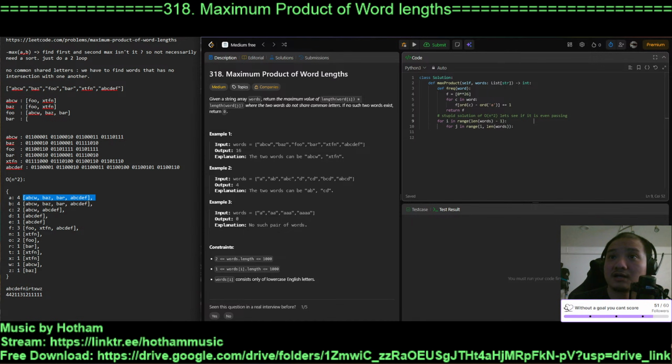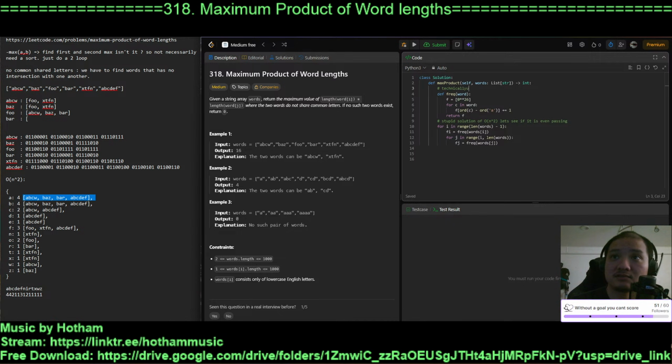So basically we have fi equal frequency of word at i, right? Fj equal frequency of word j, right? So this gives us the frequency, and then we technically can do a bit, right?